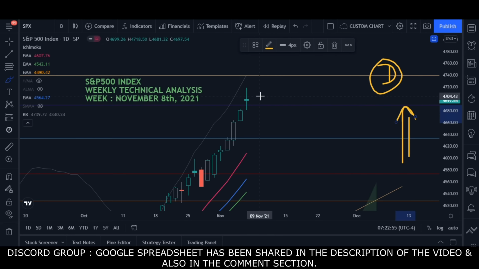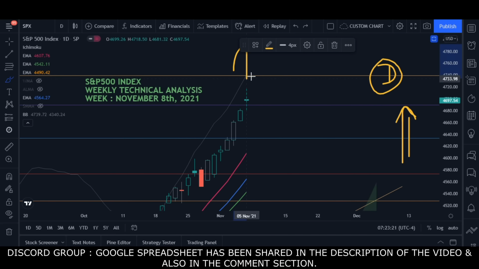But the problem is the divergence, our resistance, and the Bollinger Band on the weekly chart. These are the three reasons why I am betting that the market will fall. Now, what is expected to happen on Monday?